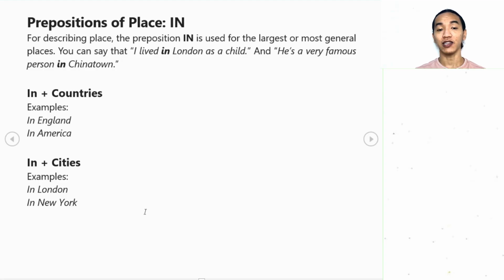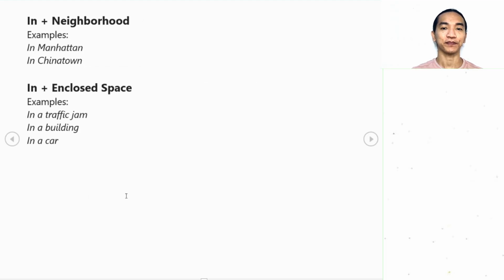Example, in London, in New York, in Manila, in Tel Aviv. So we also use in when we're talking about the neighborhood: in Manhattan, in Chinatown, in the market. And this is actually the general idea of the preposition in when we're using it as a preposition of place.